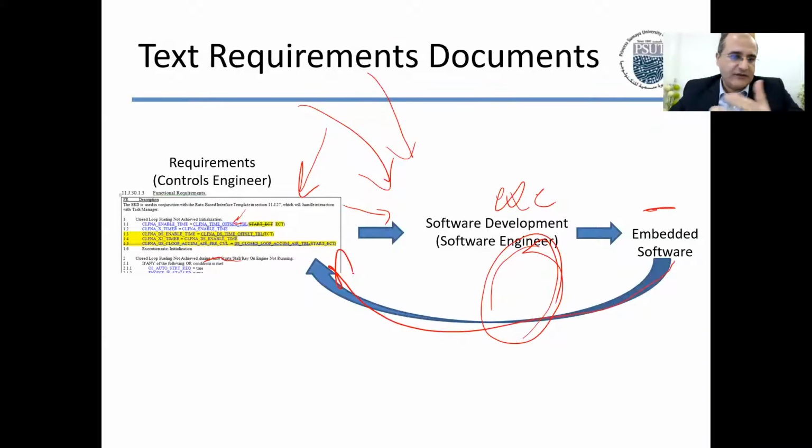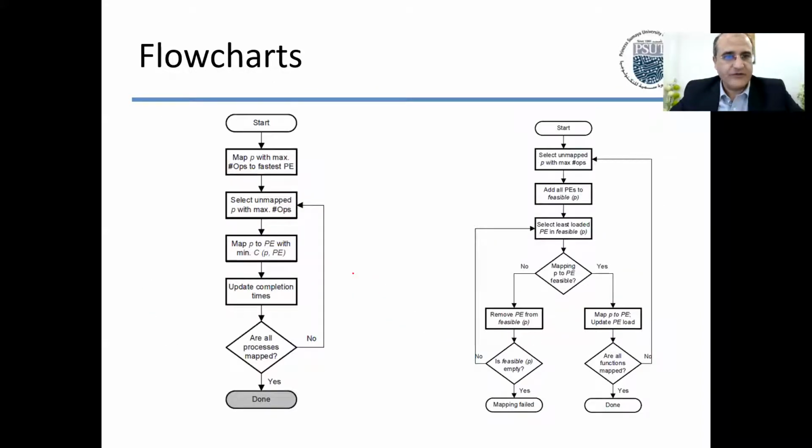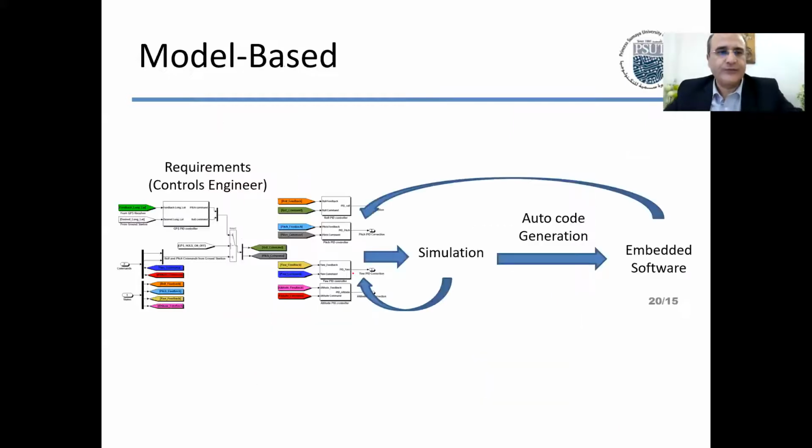So a text type of requirements, flowcharts type of requirements. The requirements engineer can draw it, the software engineer can turn it into code.